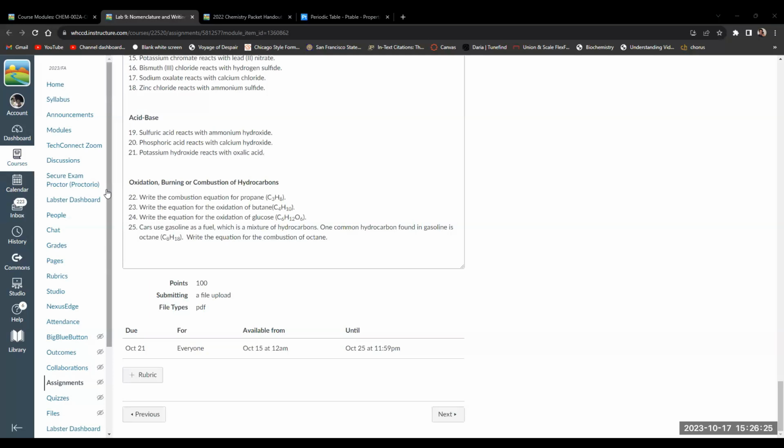Let's do the first one, 22. So we have combustion reaction for propane, and it gives us what propane looks like. So C3H8. And like I said, combustion reaction, we need oxygen in its natural state to create a combustion. And of course, we know that our products are going to consist of carbon dioxide and water.